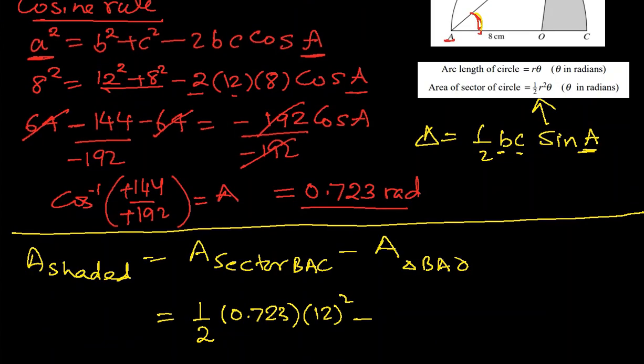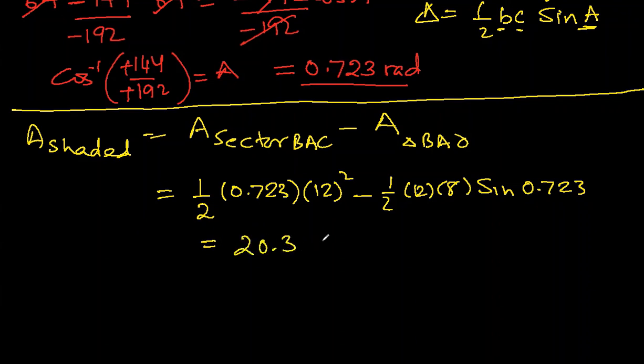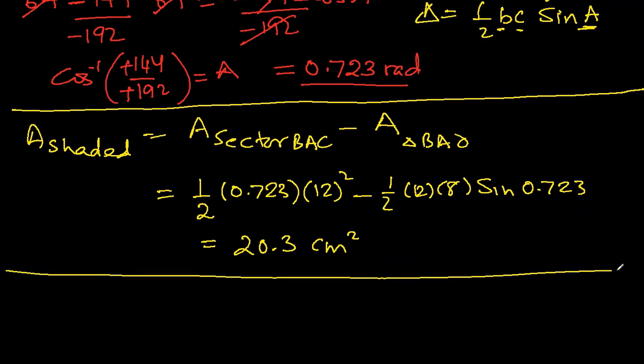So it will be half times 12 times 8 times sine 0.723. And we can put the whole of it in our calculator. We get 20.3 centimeters squared. That's the answer of part 2.